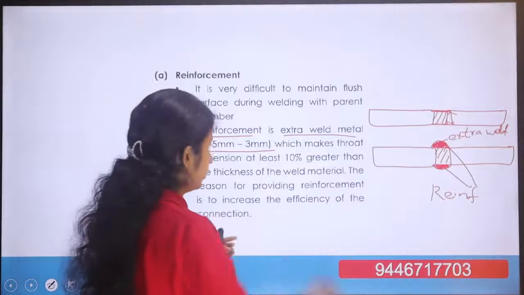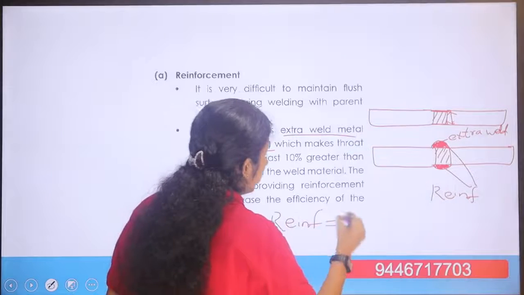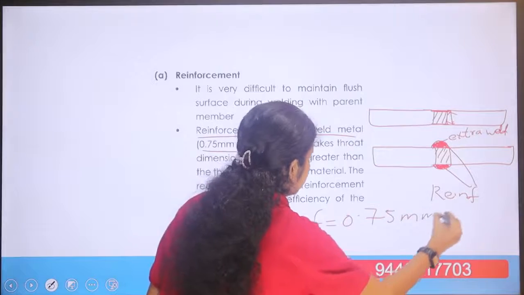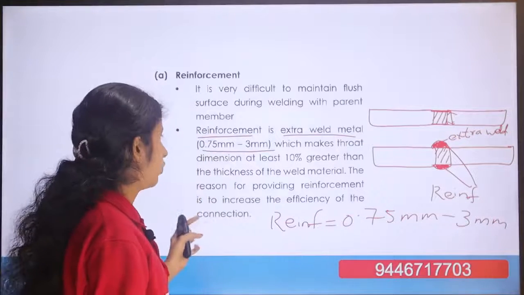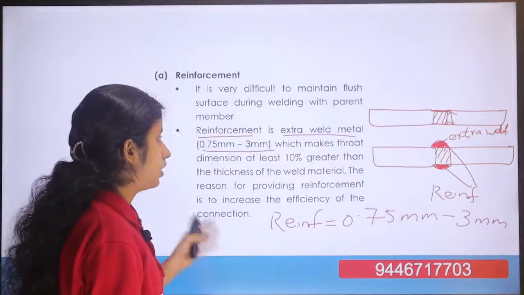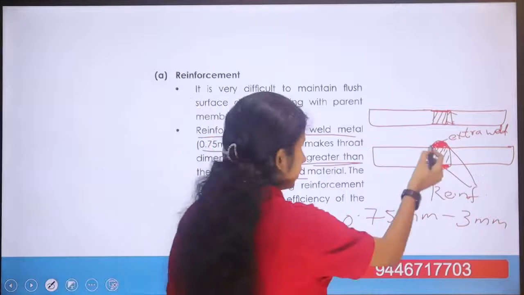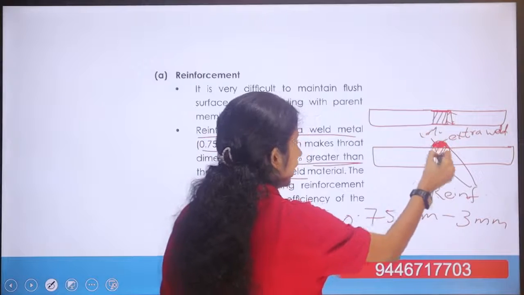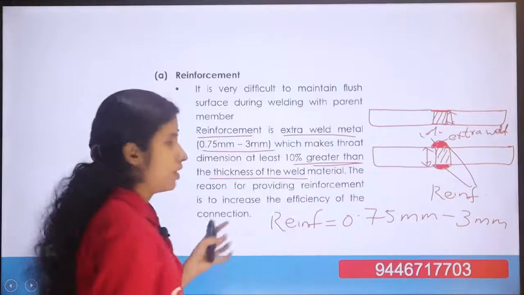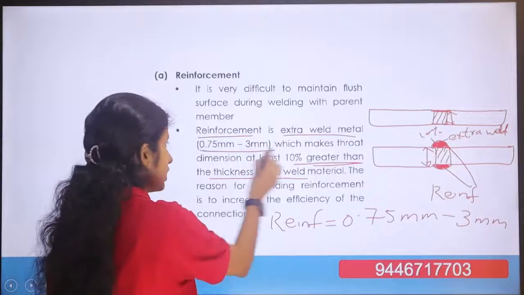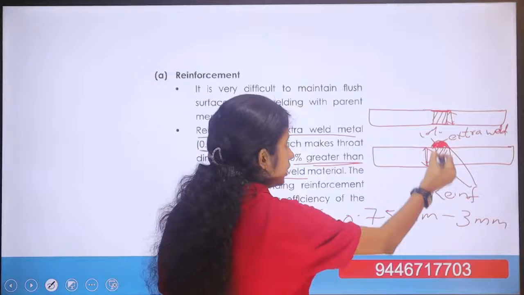So the reinforcement dimension should be 0.75 mm to 3 mm, and this should be about 10% greater than the thickness of the welded material.